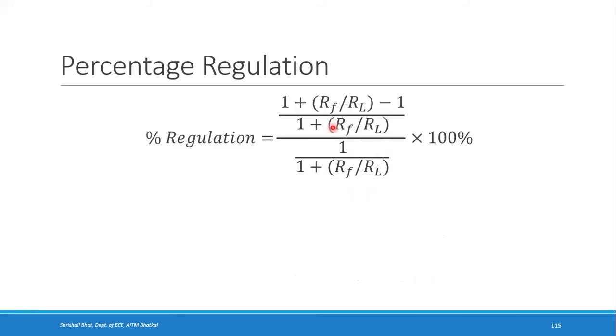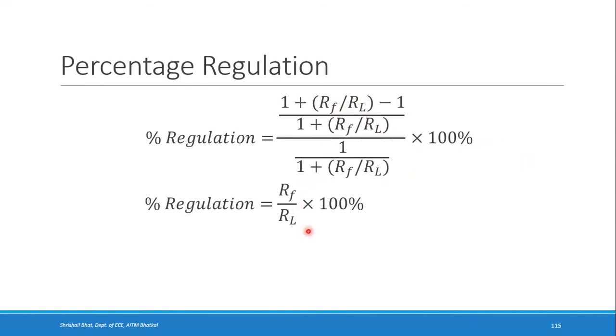So this denominator term I can cancel, right? The 1 plus Rf by RL term I can cancel. If this cancels, the denominator will become 1. And what remains here is 1 minus 1, which is 0. What remains is just Rf by RL. If I simplify this, what remains is only Rf by RL into 100%, obviously.